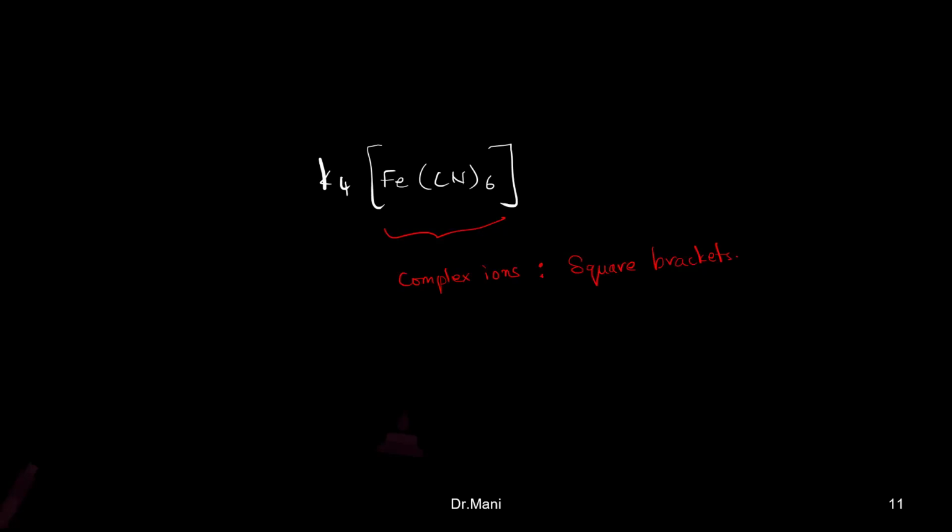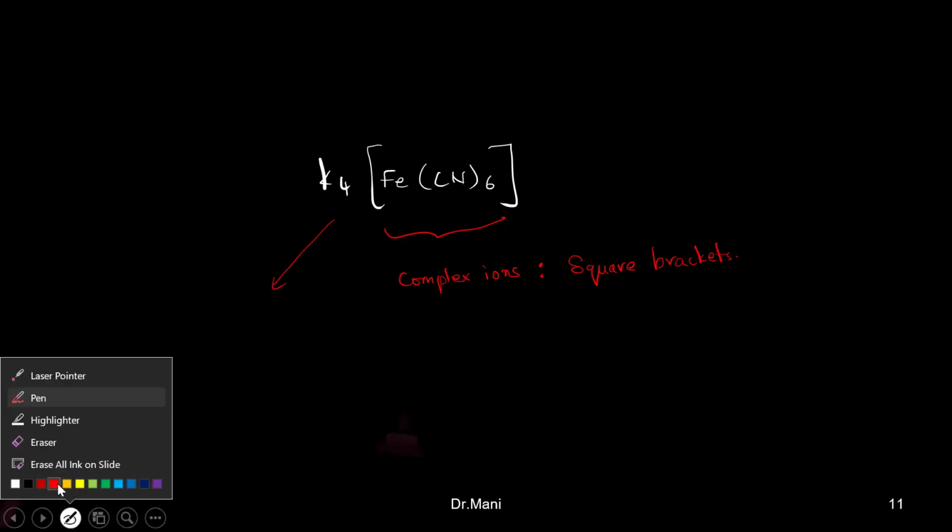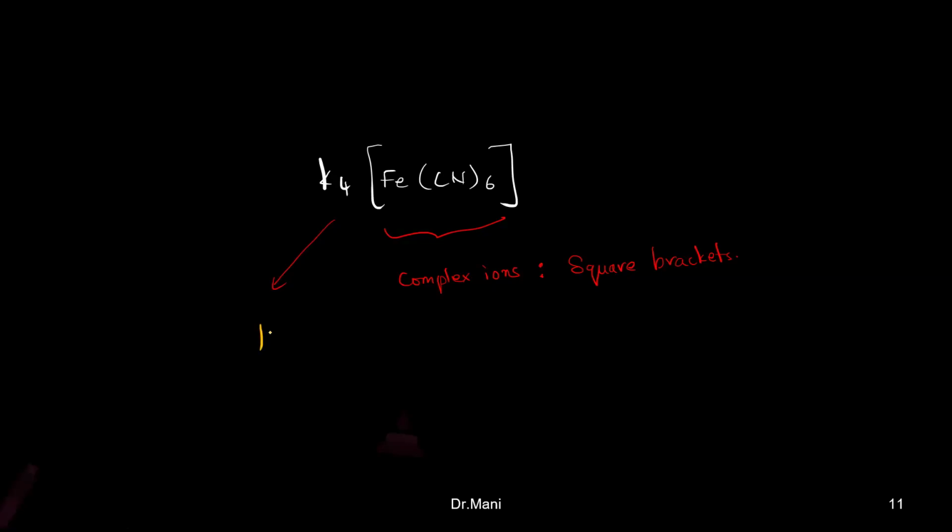That means whenever it breaks, it will break into the K plus structure, and this entire thing will break down into another structure, that is [Fe(CN)6] 4 minus.